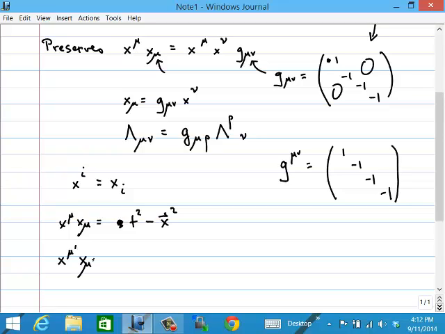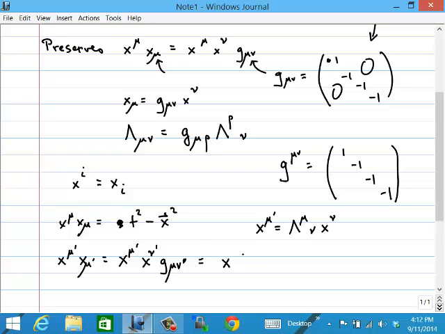If you want to calculate this in our primed coordinates, where x^mu' is lambda^mu_nu x^nu, what is this? Well, this is x^mu' x^nu' g_mu nu, just writing out exactly what I mean when I lower an index. And then let's write that in terms of the unprimed coordinates.